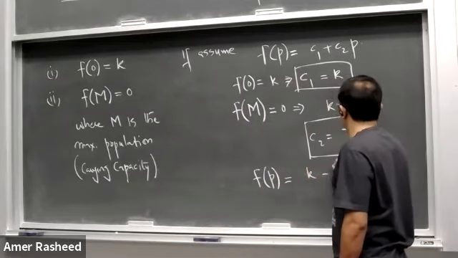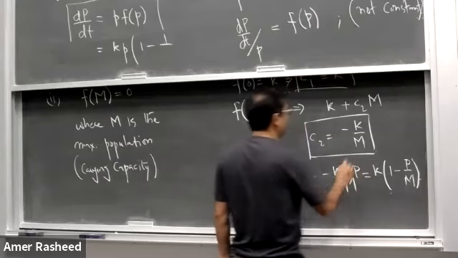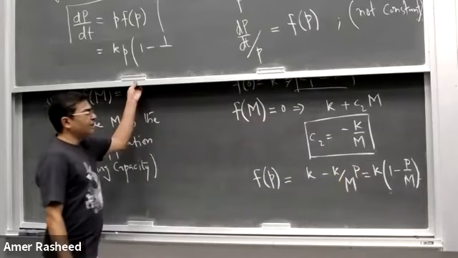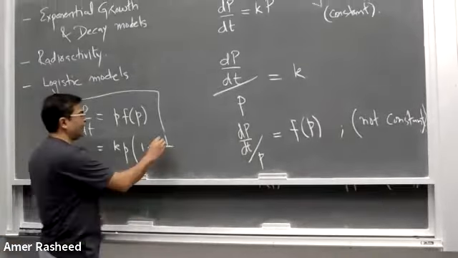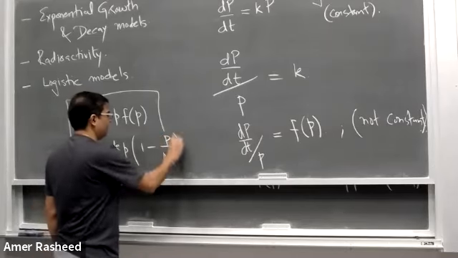Now, if you put this thing over here, the model becomes dp/dt equal to k p times, sorry, p also comes here, k times p, so it becomes 1 minus p by m.